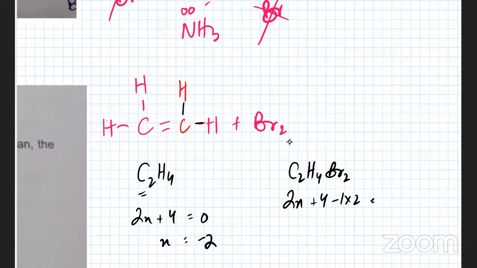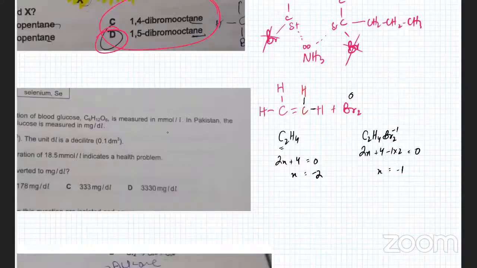So what's the value of x now? -1, right? So that means carbon got oxidized. It had an oxidation state of -2, and that is increasing. It's now -1. Is that clear? So carbon is getting oxidized, and bromine goes from 0 to -1. Is that clear?